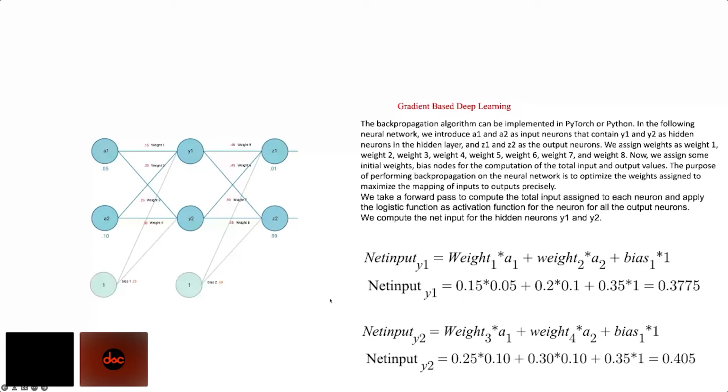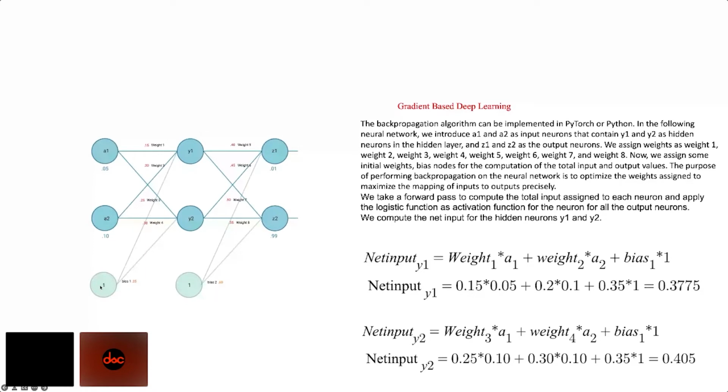The way that we calculate this summation is that the net input y1 is basically your weight 1 multiplied by the input neuron value A1, plus, again, weight 2, which is connecting the node here, multiplied by the A2 value, and then we multiply the bias value, which is the one we have created here.